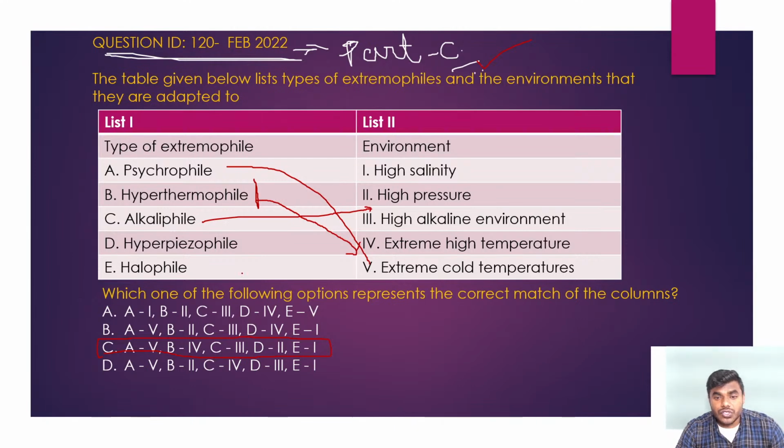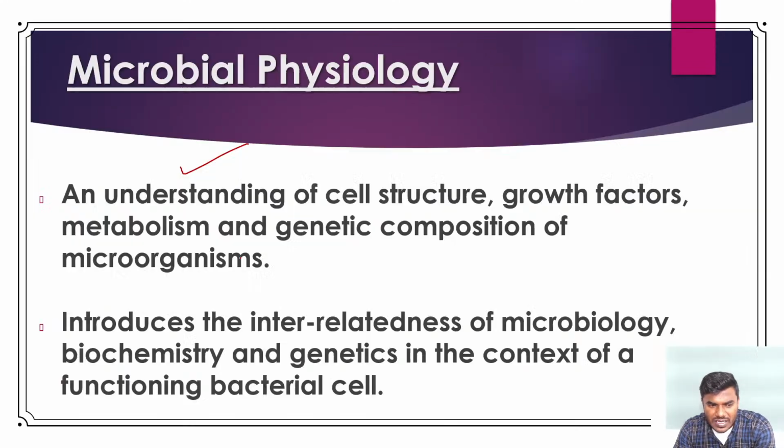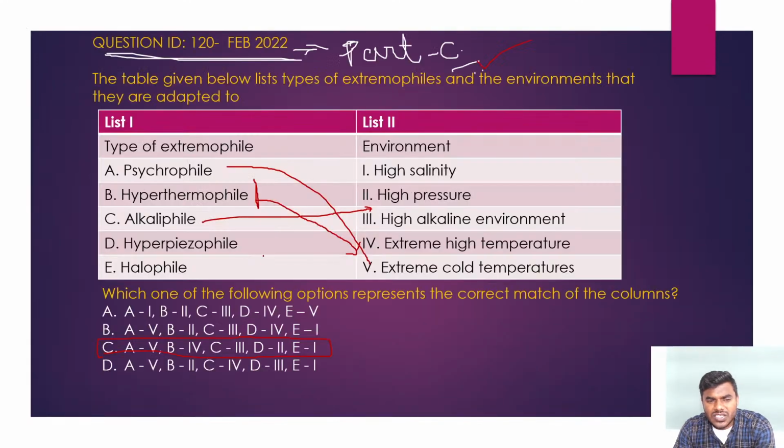And the only thing which you don't know is the hyperpiezophile. Friends, sometimes instead of giving hyperpiezophile, they will directly use the word barophile. Anything is the same, friends. Barophiles are also a type of bacteria which basically survive at higher pressure.